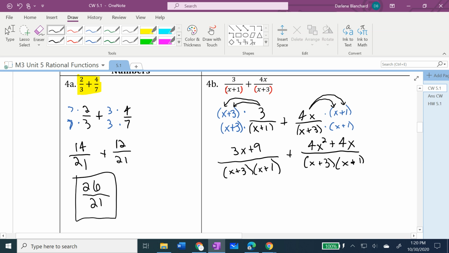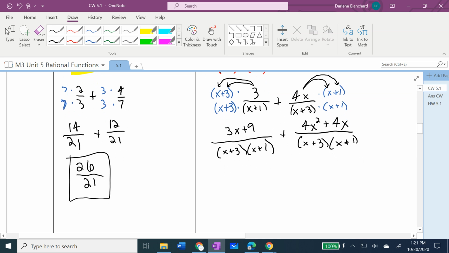And just to repeat what I just said, if you want to multiply the x plus 3 and x plus 1 to get the quadratic, you can write it that way. I will make sure you're clear about when I expect you to expand it.